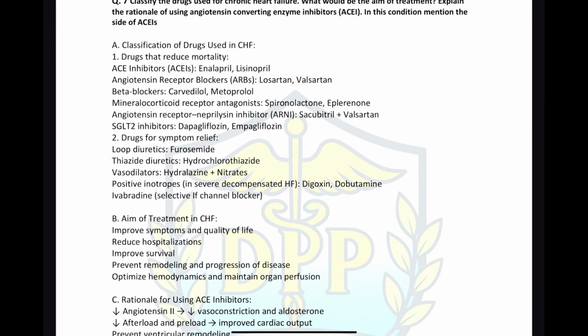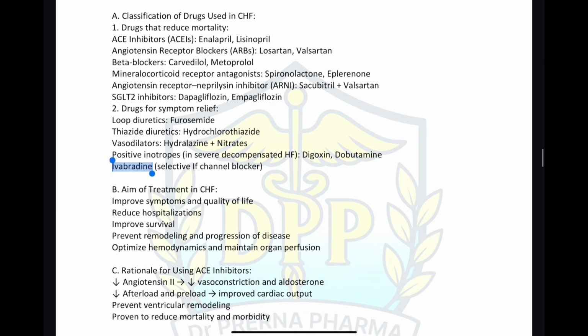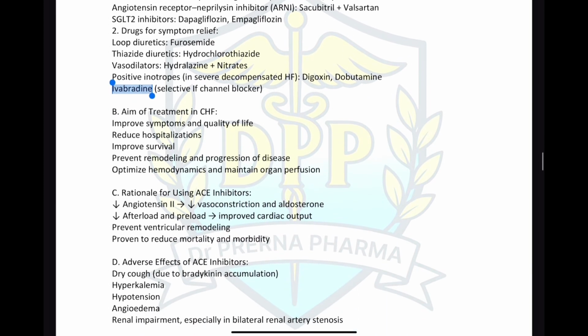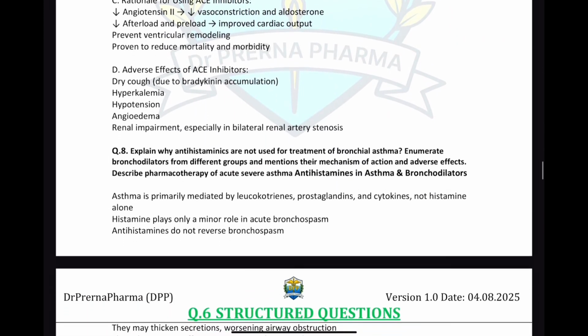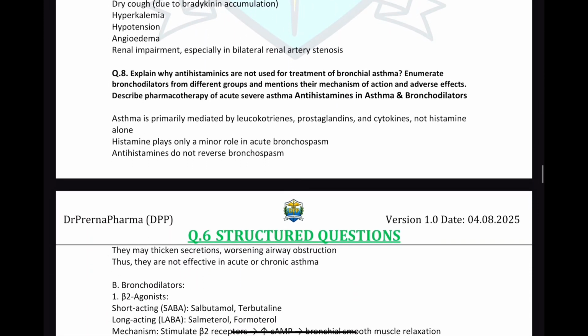Question number 7 is: classify the drugs used for chronic heart failure. What would be the aim of treatment, and explain the rationale of using ACE inhibitors. So classification of drugs used in CHF is given, then aim of treatment in CHF, rationale for using ACE inhibitors, and adverse effects of ACE inhibitors.